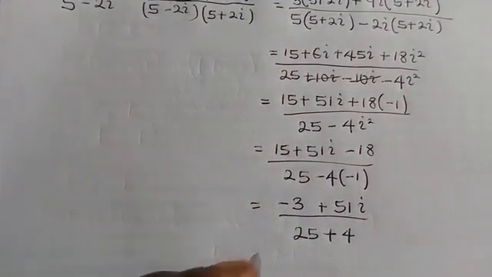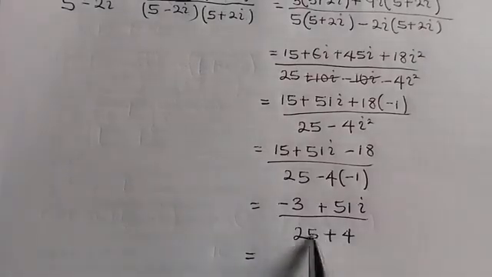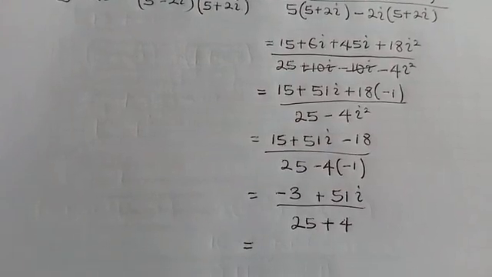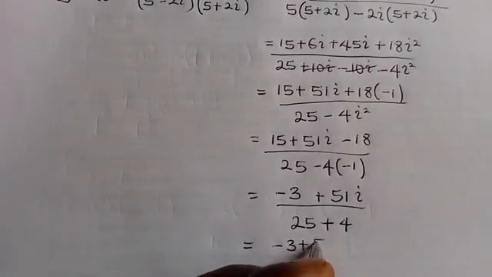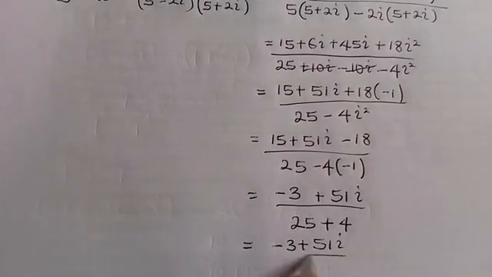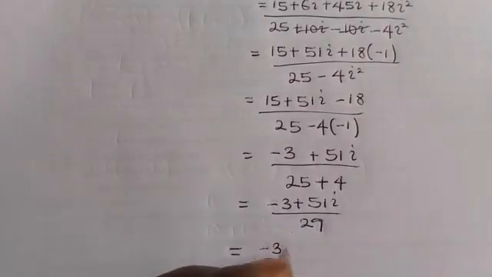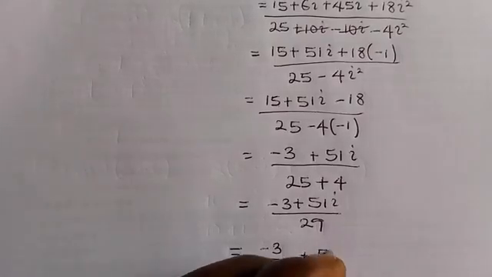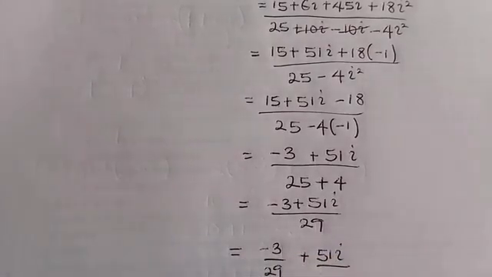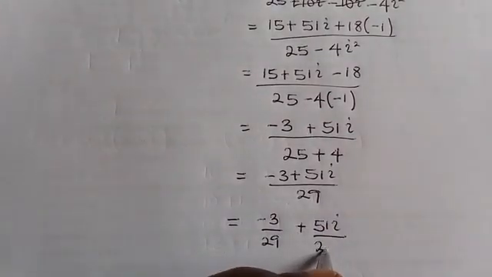So that in this denominator, we are now having only a real number. Right? So we have here in the numerator minus 3 plus 51i over 29. And this is equal to minus 3 over 29 plus 51i over 29.